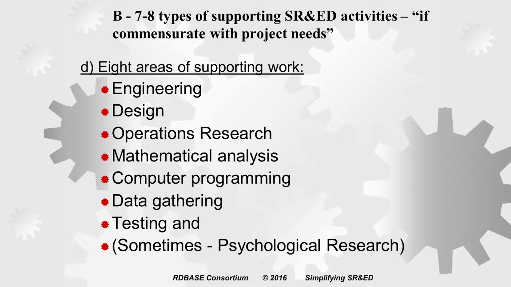Now, very importantly, the Act then goes on to specify that there's 8 types of supporting work, that as long as they're necessary, they're included in the R&D claim process, or the definition of R&D. The first 4 are the types that I find people would assert automatically, without any predisposition or pre-proposal of what R&D is.